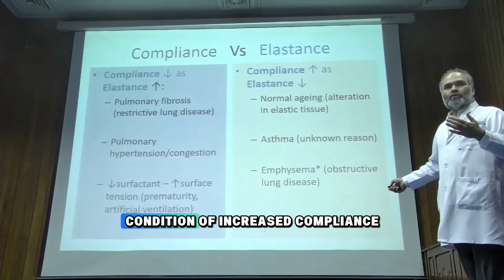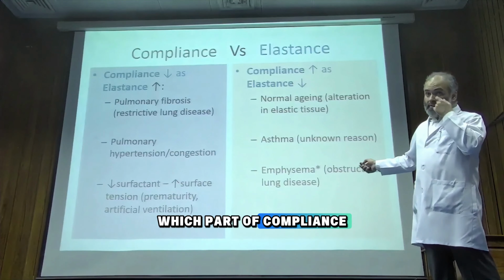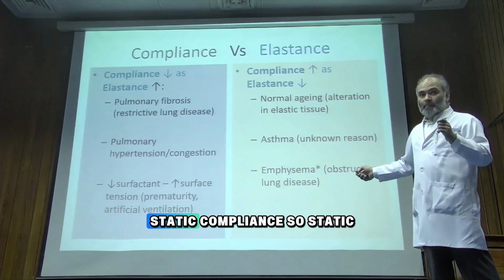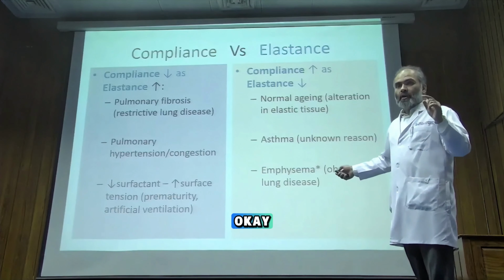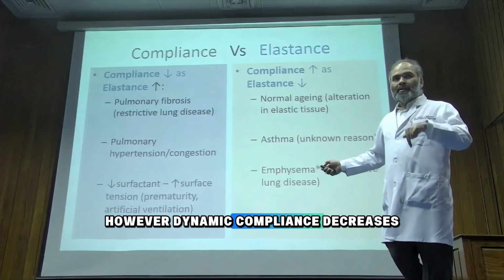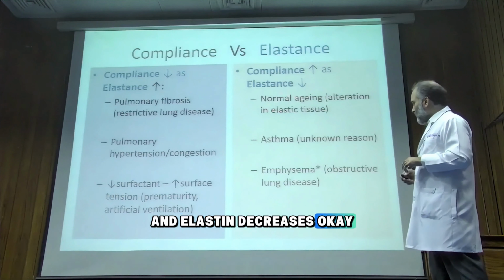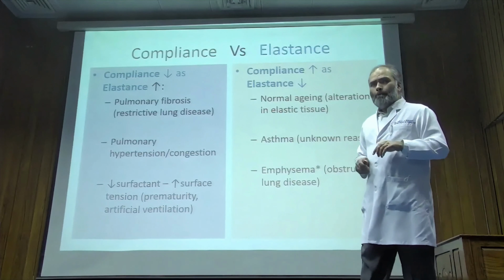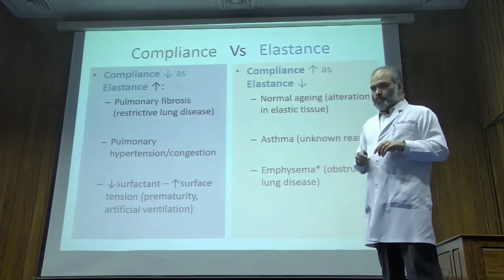It is under the condition of increased compliance. Which type of compliance? Static compliance. So static compliance in emphysema increases. However, dynamic compliance decreases. And elastance decreases. Why does elastance decrease in emphysema?